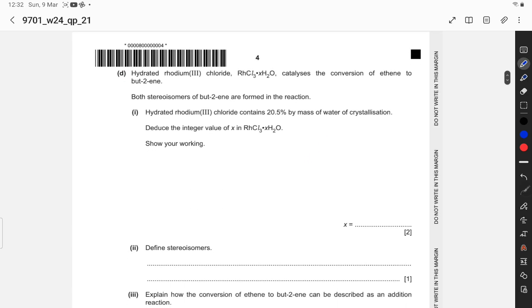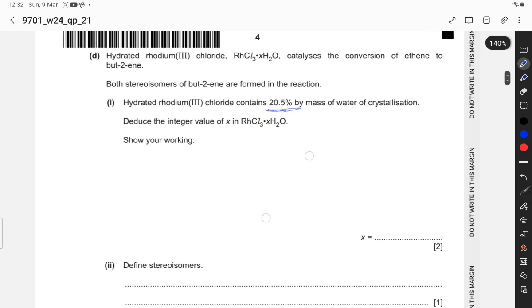Hydrated rhodium 3-chloride catalyzes the conversion of ethene to butene. Both stereoisomers of butene are formed in the reaction. Hydrated rhodium 3-chloride contains 20.5% by mass of water of crystallization. Deduce the integer value of x in RhCl3·xH2O.